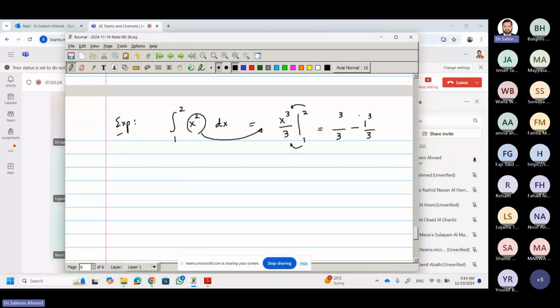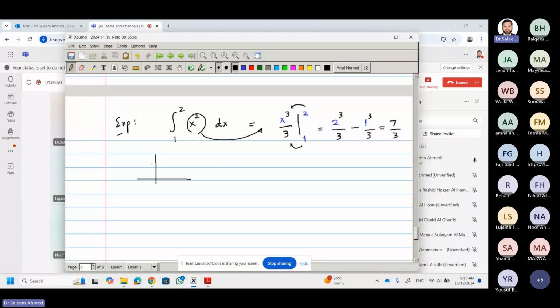Okay, so here I replaced this x by 2 and by this number 1. Sorry, not 3, 1. Right? 2 cube minus 1 cube. So that becomes 8 by 3 minus 1 by 3, which is 7 by 3. So see, 7 by 3 is a number.